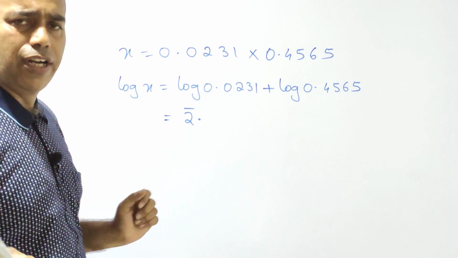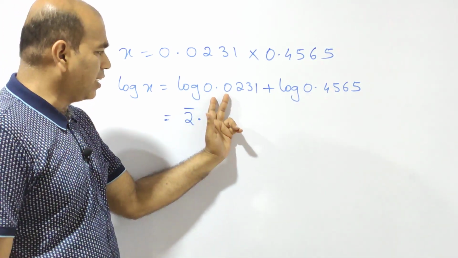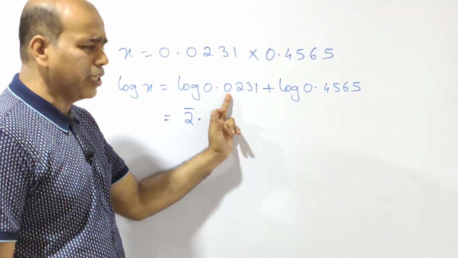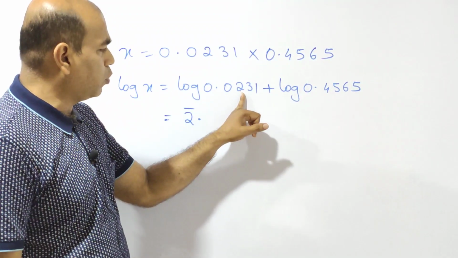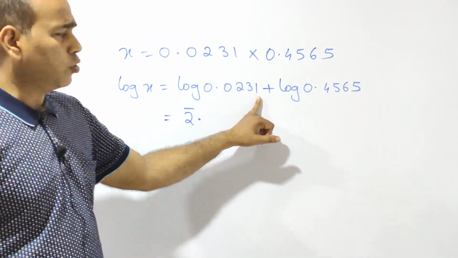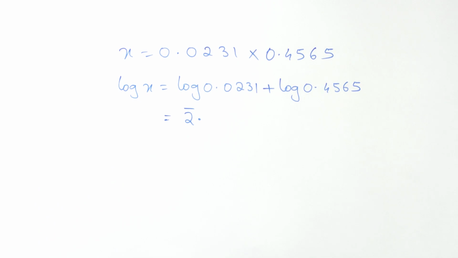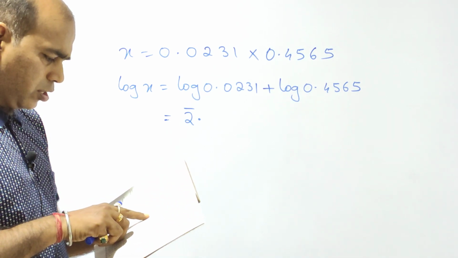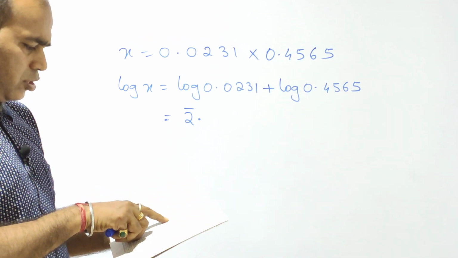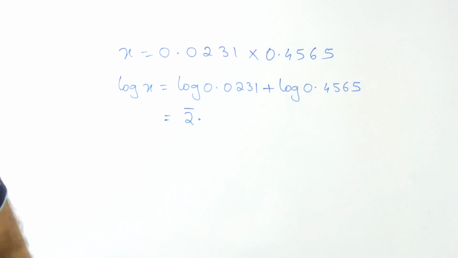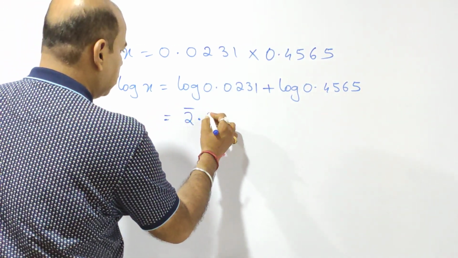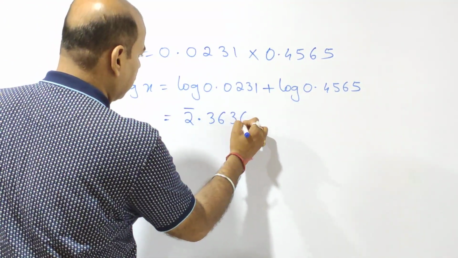As I told you already in the beginning, once I take the characteristic, the decimals have no meaning now. I will directly go for 23 is 1. If I check from the log table, I will get 3636. So 3636.